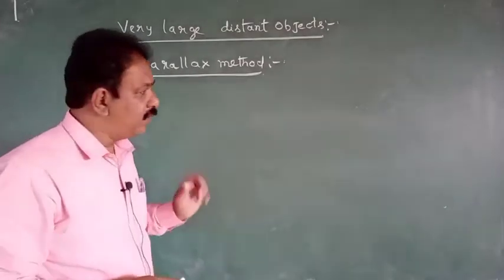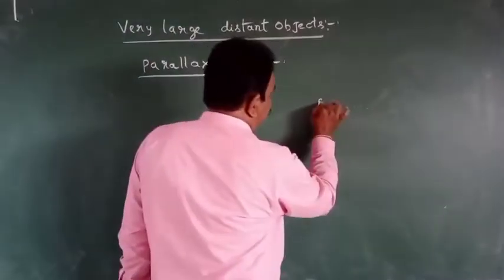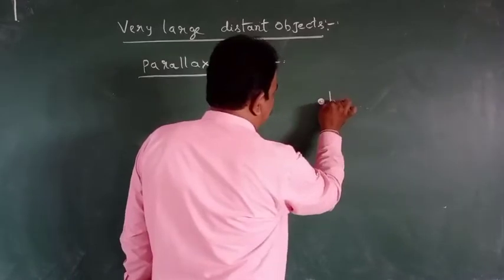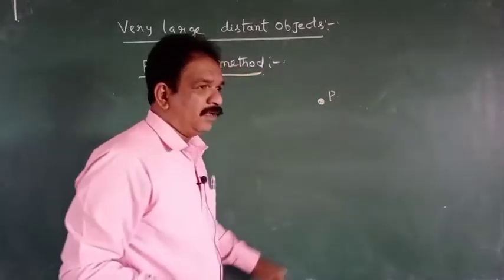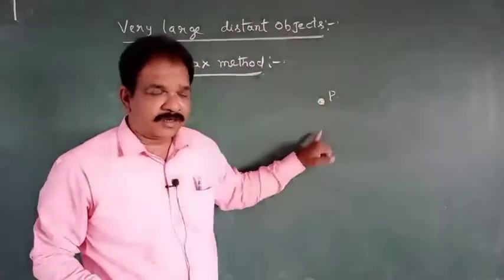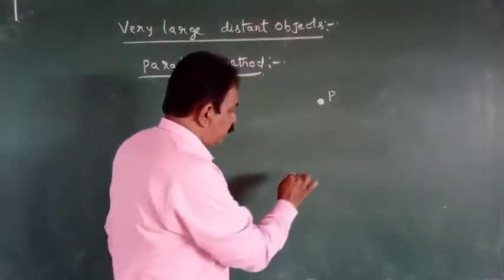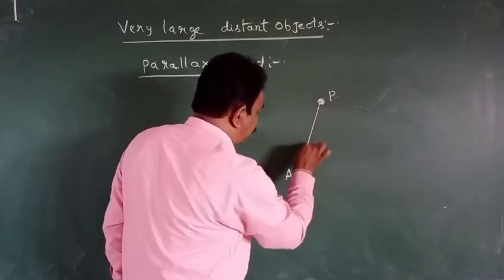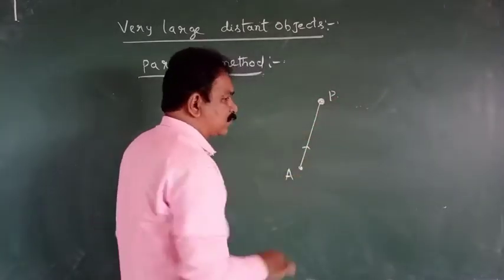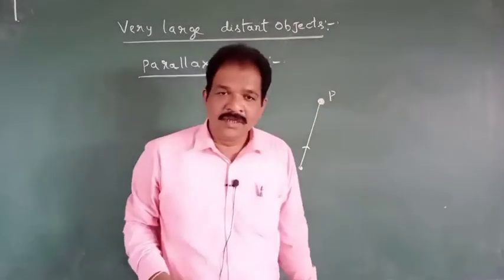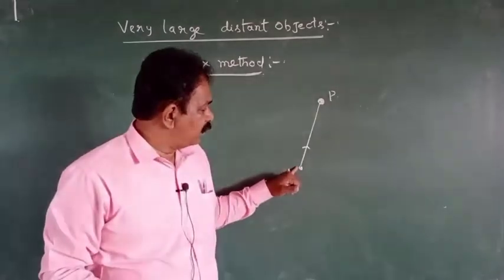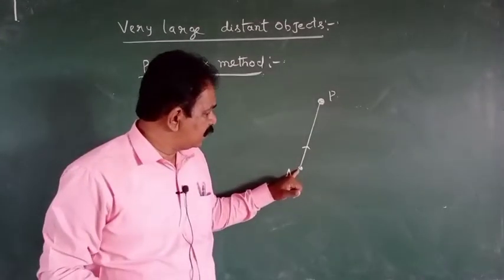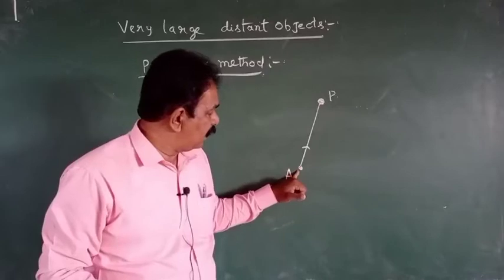Here a particular planet is there, for example. From a particular position, we will observe the object through a telescope. For example, the object is viewed from SDC PU college.